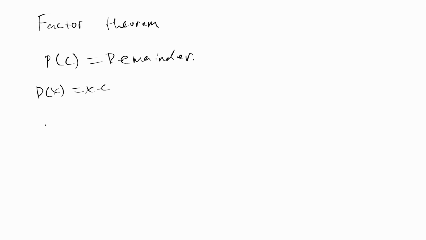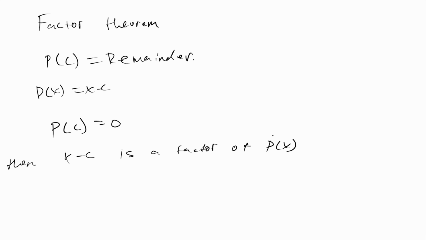So if P of C is equal to 0, then X minus C is a factor of P of X. And P of X can be literally any polynomial, okay?